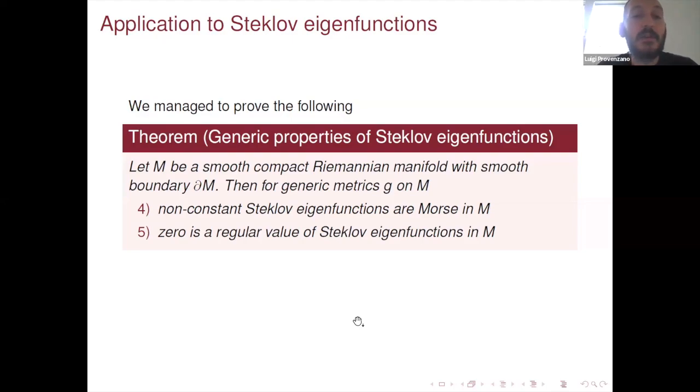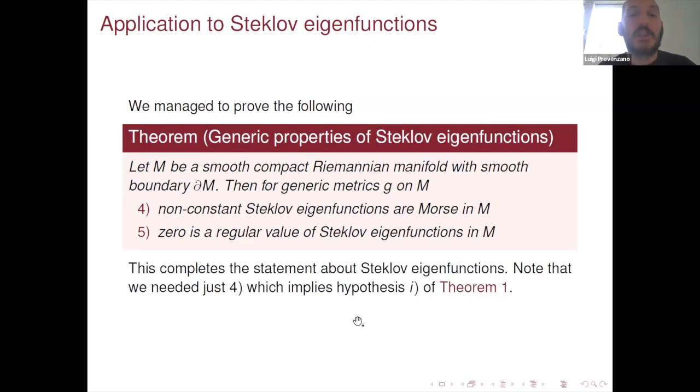These properties are that non-constant Steklov eigenfunctions are Morse in M, which is a statement on Steklov eigenfunctions in the interior, and also that 0 is a regular value of a Steklov eigenfunction in M. Just point 4 is useful for us, because this implies that in the interior, generically, Steklov eigenfunctions have isolated critical points, but for completeness we have proved 5, because it follows once you do 4. This is just a byproduct that completes the statement on generic properties of Steklov eigenfunctions, so also in the interior we have these generic properties.